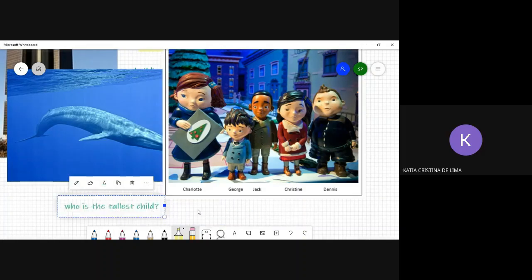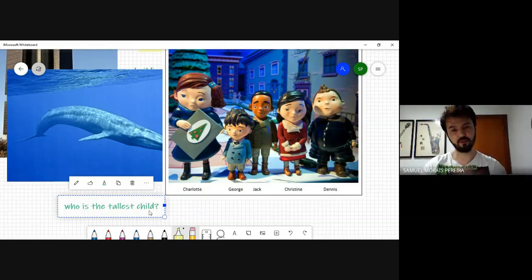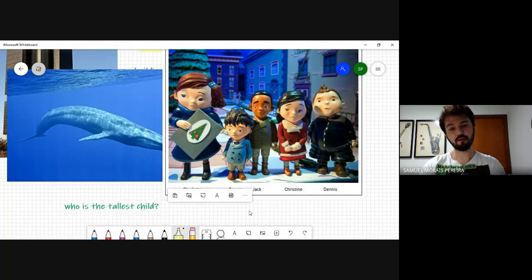Charlotte is the tallest of the children. Yes. Perfect. Now, Katya, could you compare Christine and George?